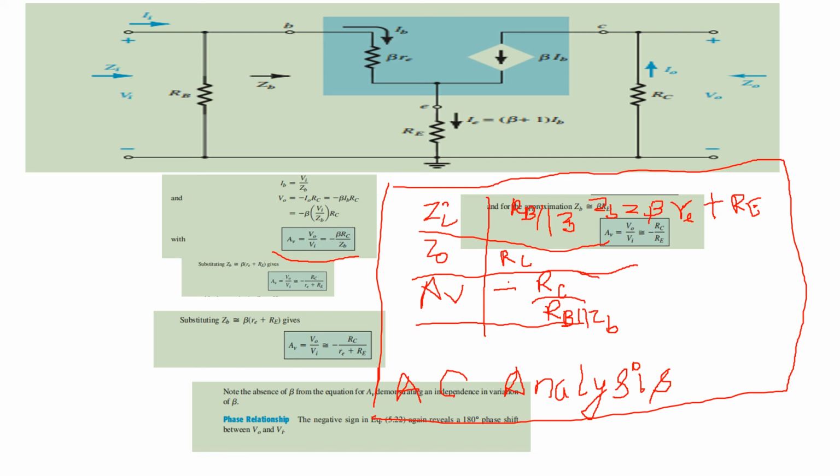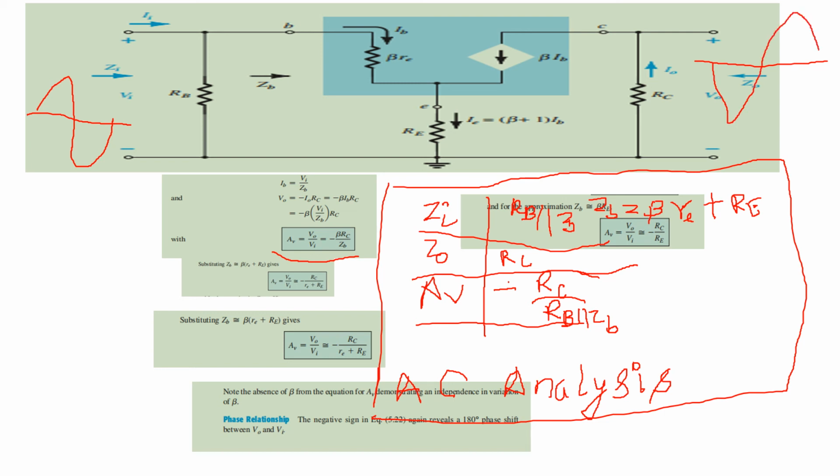Here one thing we have to remember: since the voltage gain is free from the factor beta DC, it is independent of the variation of beta, and relatively the circuit will remain stable. The negative sign shows that there is a phase relation between the input and output signal. Suppose if I draw an input signal over here like this, the output signal will be of the reverse polarity like this.